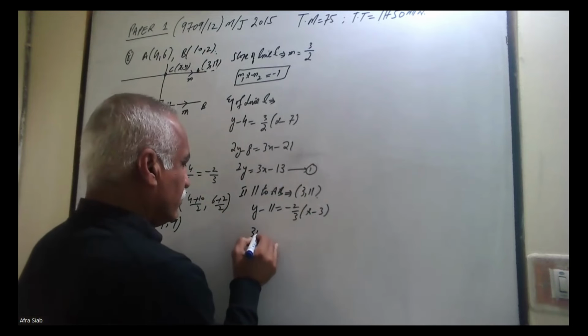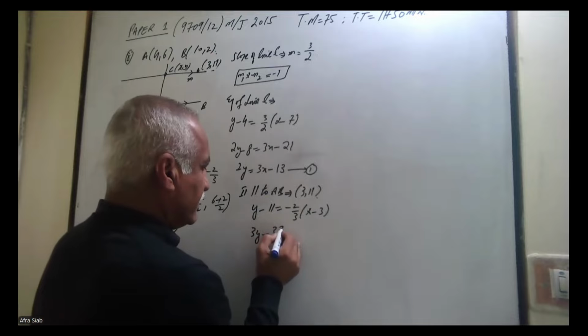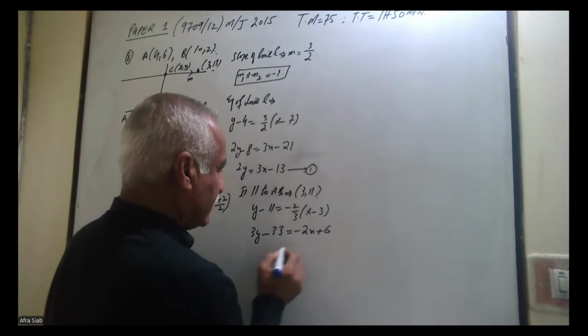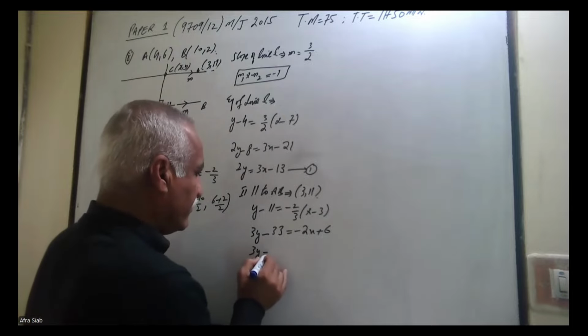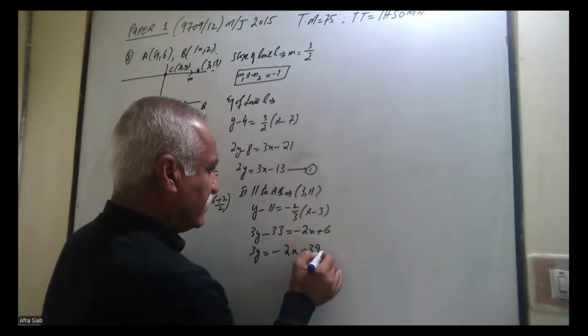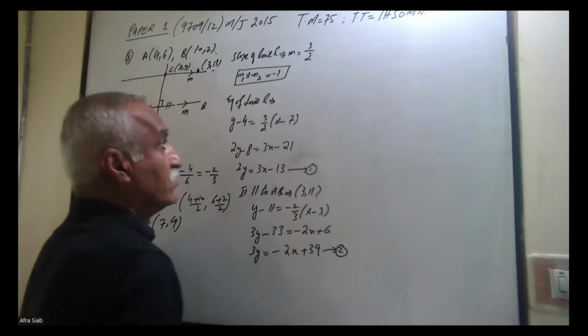This becomes 3y minus 33 equals minus 2x plus 6, and then 3y equals minus 2x plus 39. Let's say that is equation number 2.